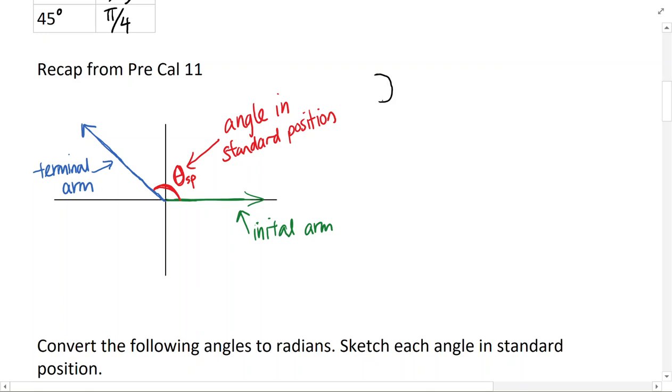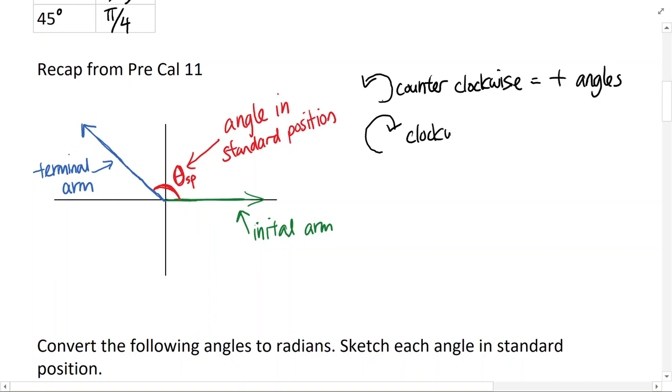If you're going counterclockwise, then we're dealing with positive angles, whereas if we're going clockwise, then we're actually going to be dealing with negative angles. And when we're going clockwise or counterclockwise, always start from the initial arm.